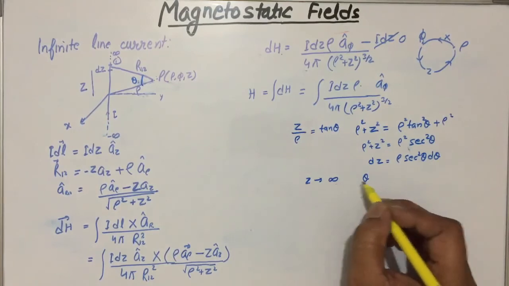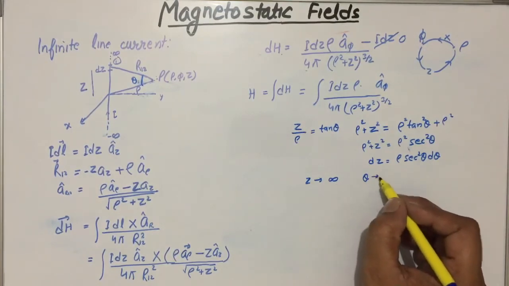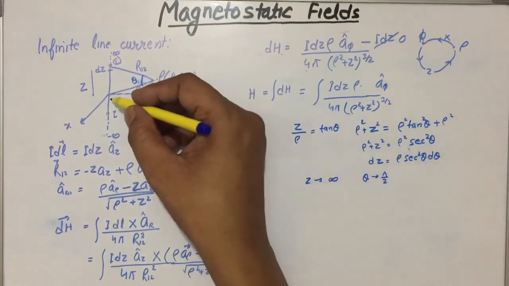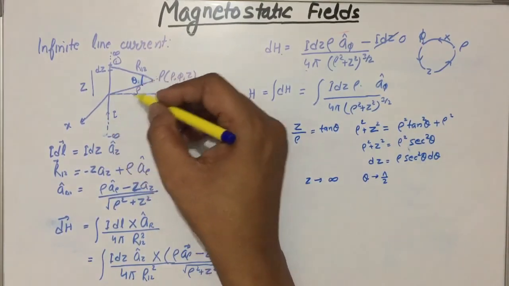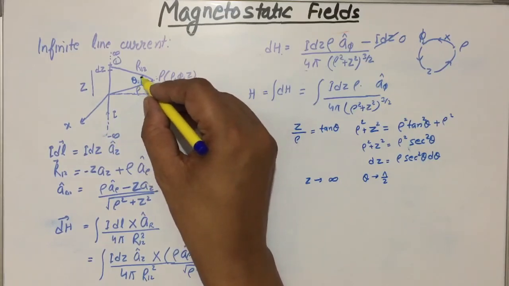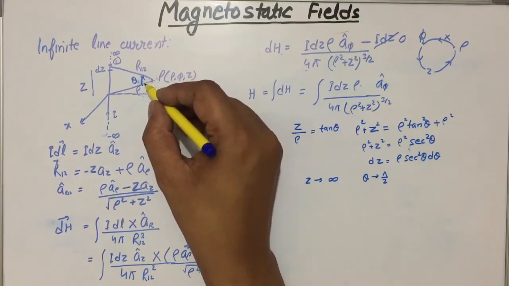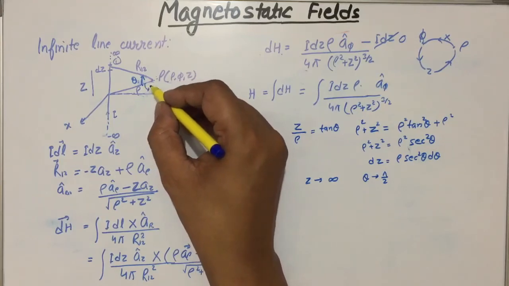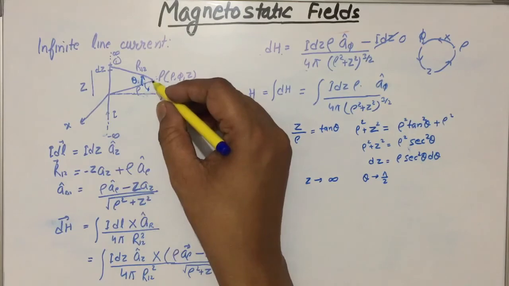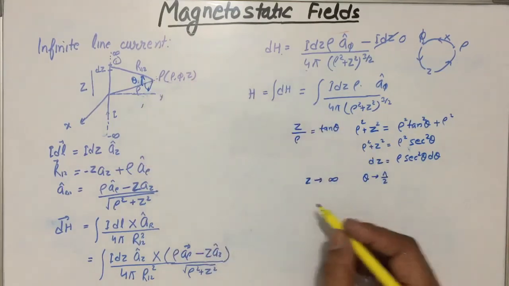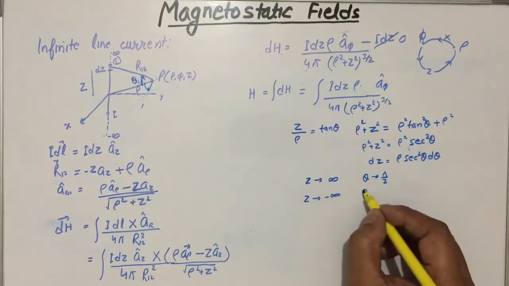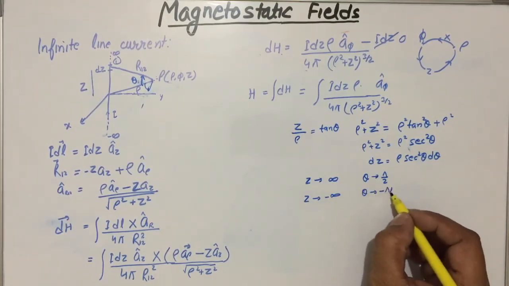When z tends to infinity, then theta tends to pi by 2. When z tends to minus infinity, if this angle is assumed positive, then the angle from here will be assumed negative. So if it tends to minus infinity, then this angle will be minus pi by 2. Theta will be minus pi by 2.